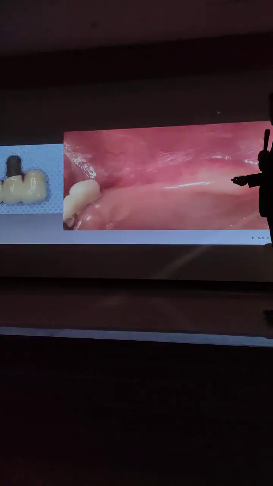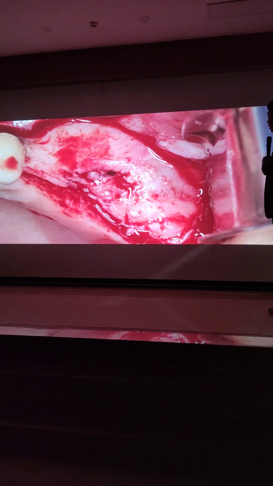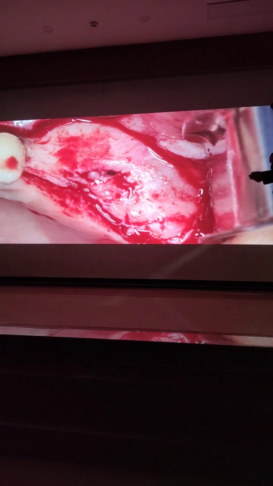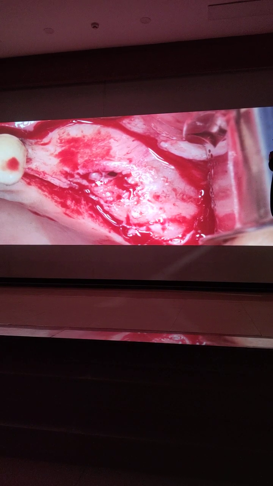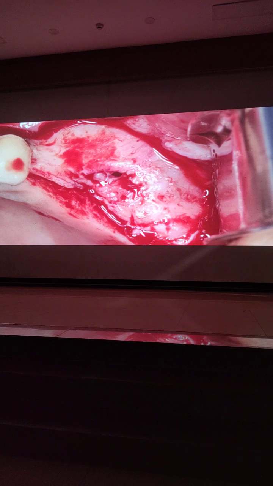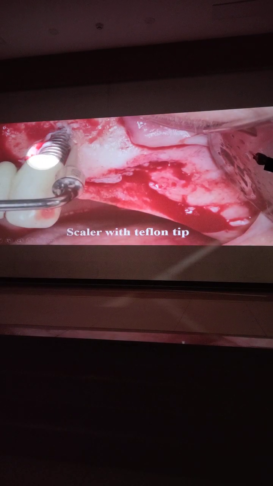So the implant was removed, soft tissue healing was allowed, and after 6 weeks of healing, the full thickness flap was elevated. You can see the bony defect. The alveolar bone is very narrow and thin on the posterior maxilla, and you can see the bone resorption. It looks like crater defects around the implants.